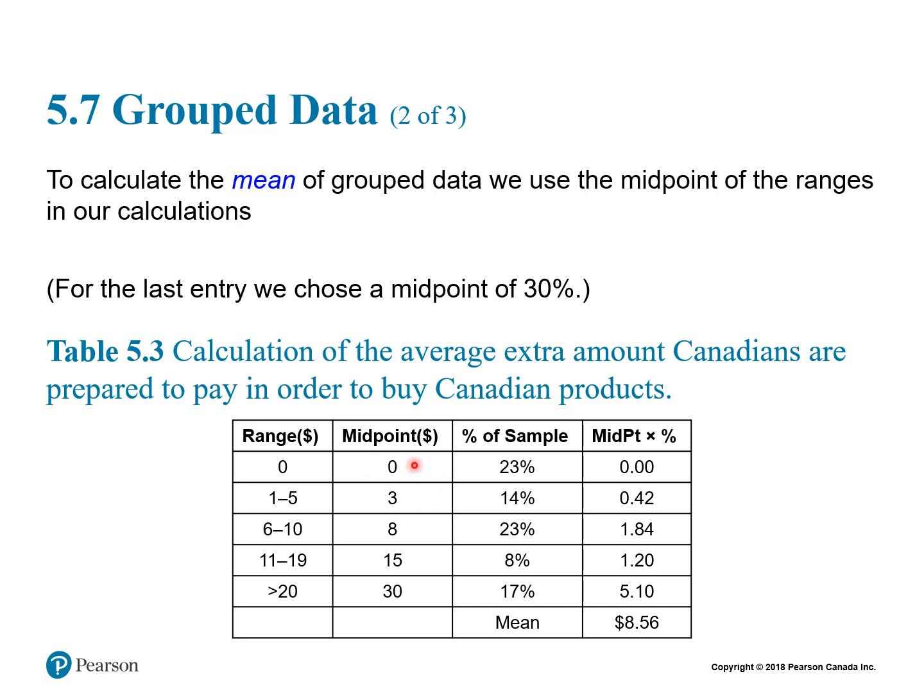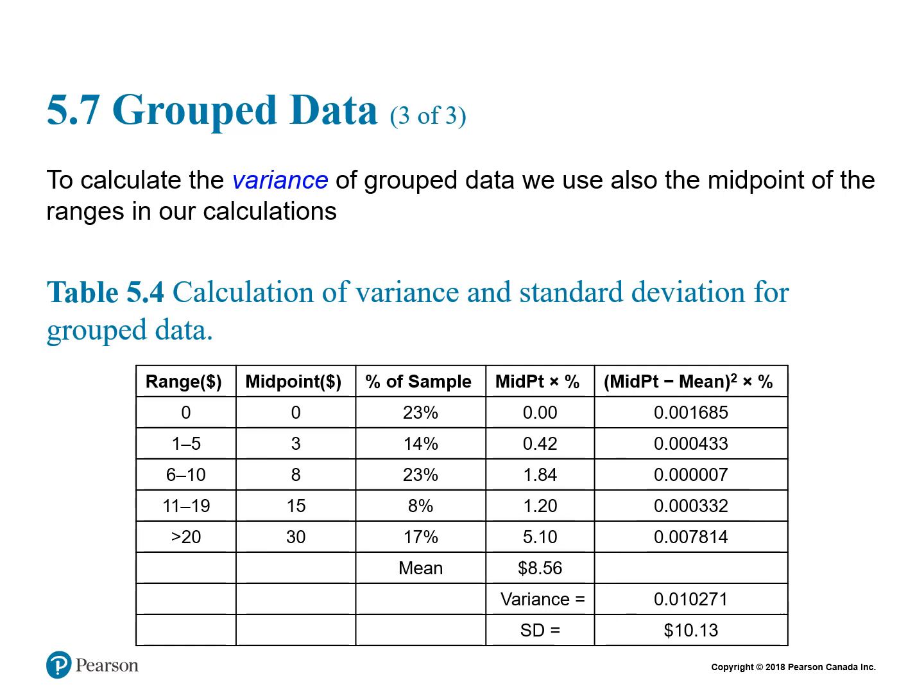And then after the square, we're going to multiply again by the weights in order to show that this is the weight of this difference. And then we take the summation. After we get the summation, we can go ahead and calculate the variance and then the standard deviation.